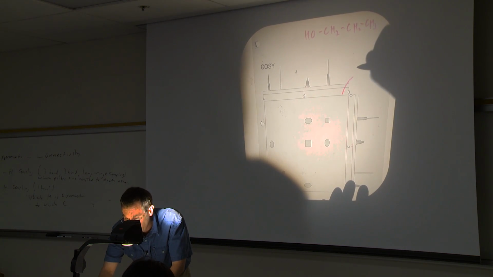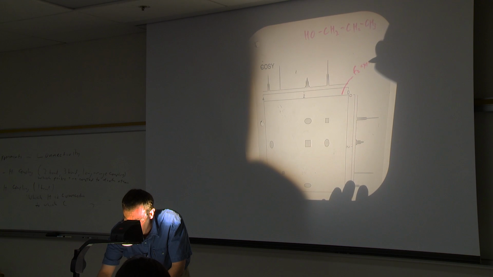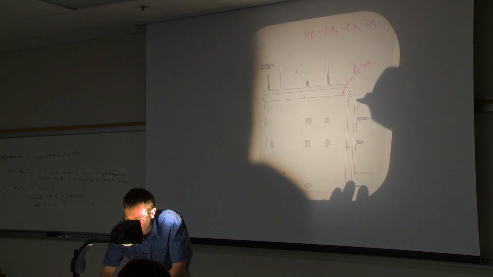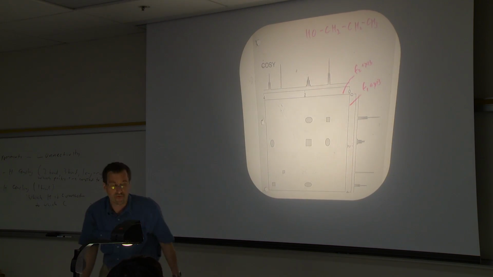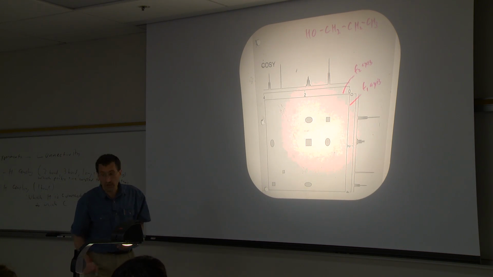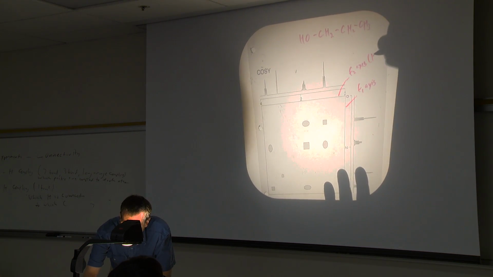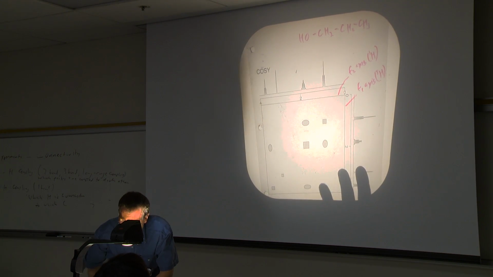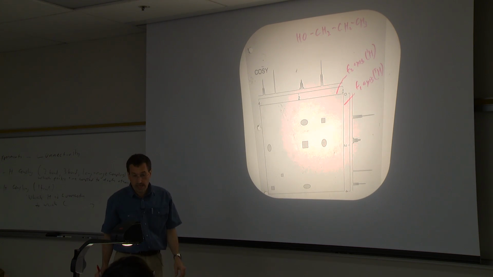You have what's called an F2 or frequency 2 axis, usually plotted on the horizontal, and an F1 axis, usually plotted on the vertical. And those frequency axes, in the case of a COSY, are both the H1 frequencies. And then we've plotted the 1D spectra over the edge here.